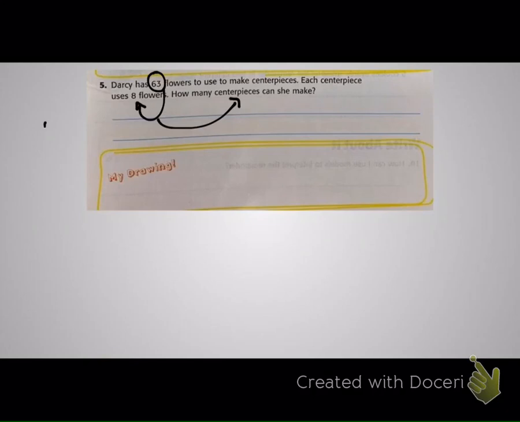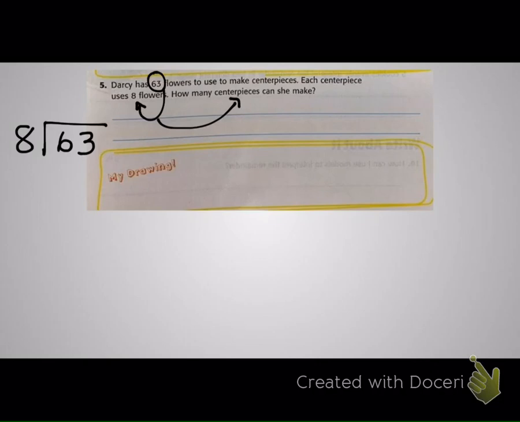All right, so let's take a look at this one. So if we have 63 flowers, and with that she can use 8 for each one of the centerpieces. So we're going to take those 63 flowers and we're going to chop them into groups of 8. I'm not going to chop the flowers, literally.